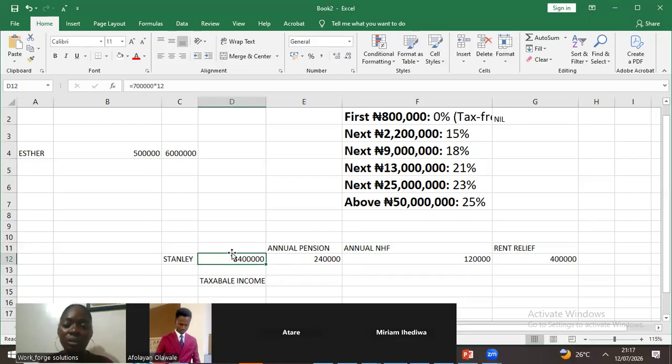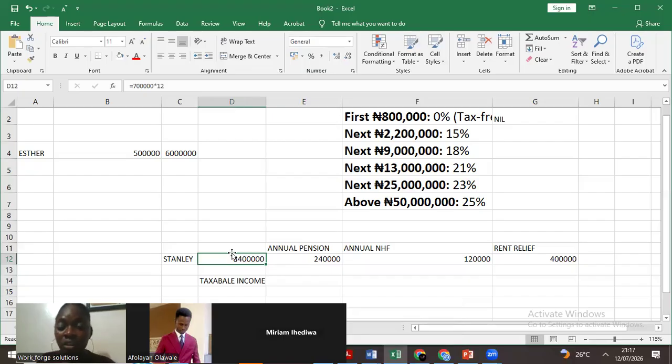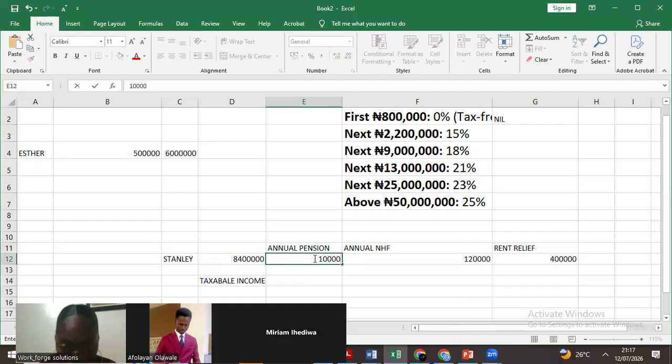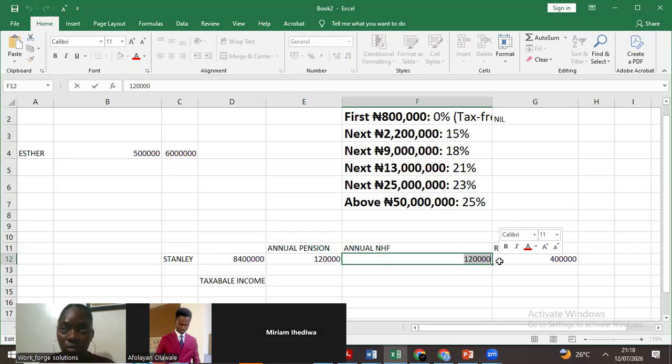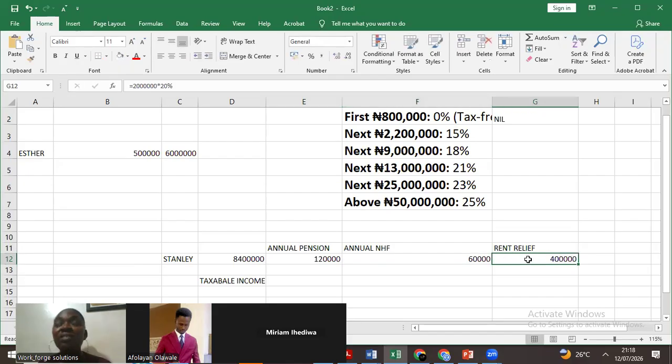In this organization that we are using as a case study, they only do pension, and we are assuming that the pension for a month is 10,000. So times 12, that will be 120,000.